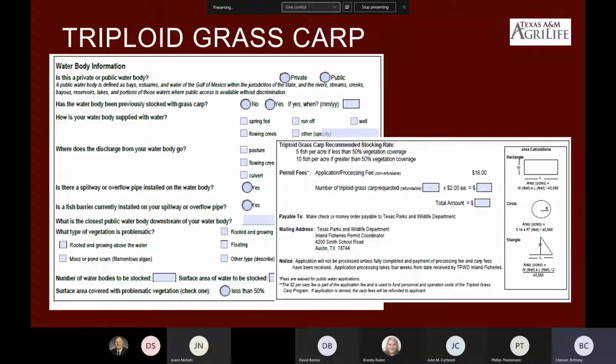So when you're filling out this form, you can of course make the decision, but typically we recommend stocking based on your total acreage versus your vegetation cover, especially if you have multiple species that grass carp is going to control.